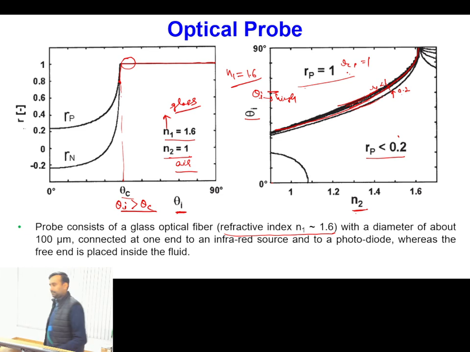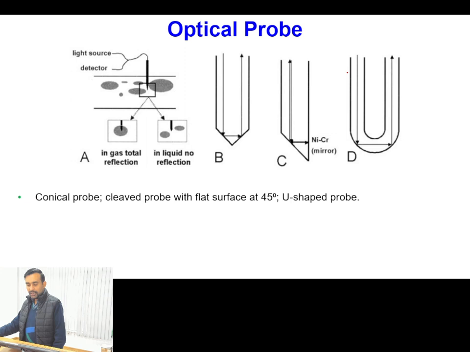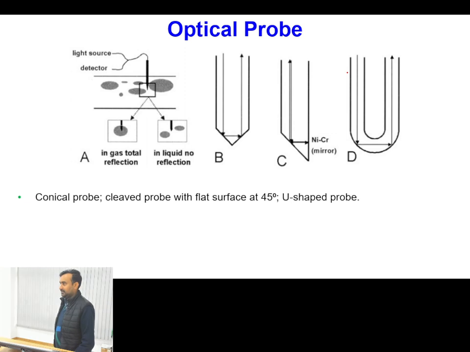Is this point clear? Now, by having this idea, let us try to understand the physical system, how the physical layout of the optical probe system will be. So let us consider this is a pipe, and in this pipe my fluid is flowing. Say I have some liquid, and these shaded shapes are nothing but my gas bubbles.